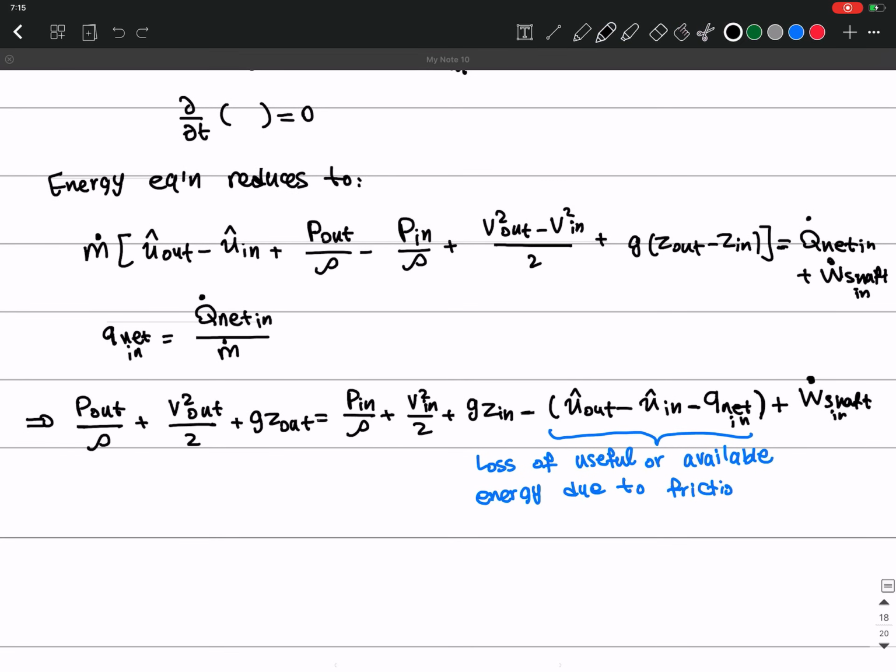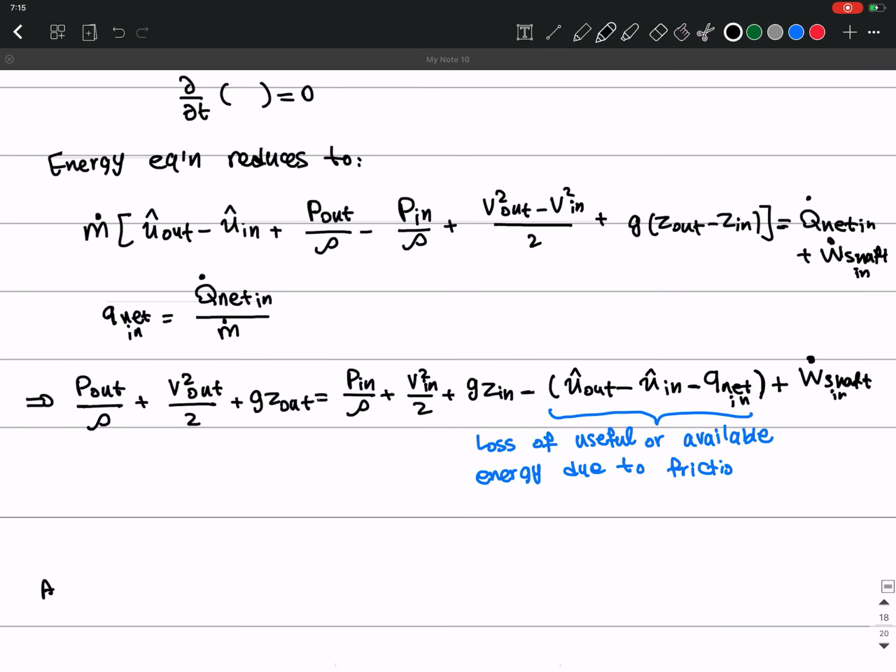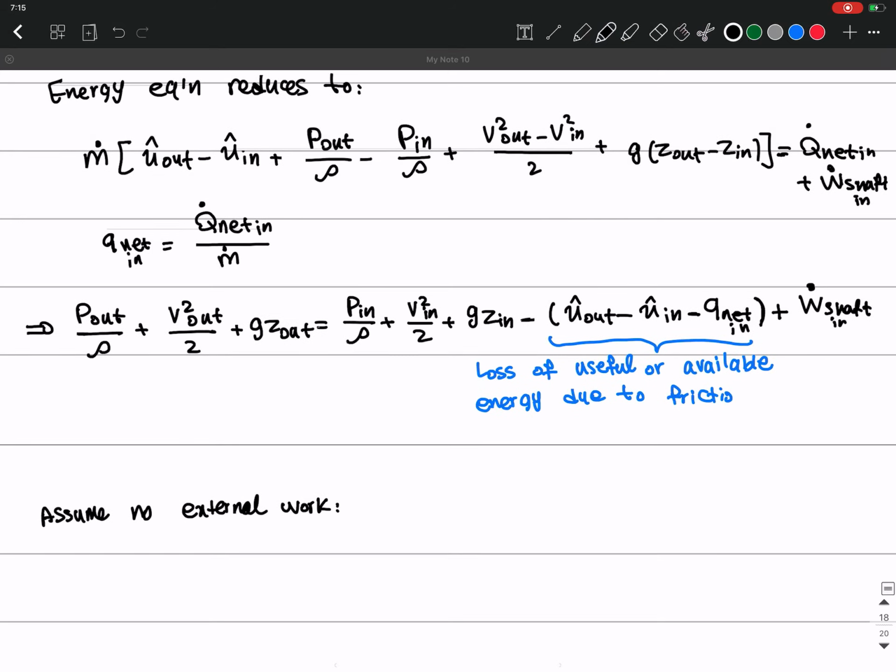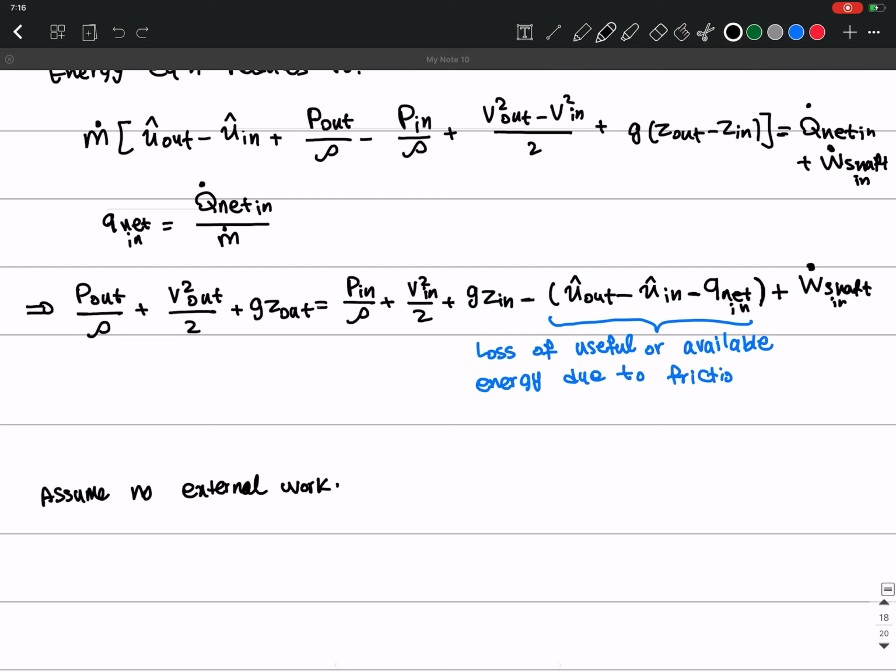So if we assume no external work on the system, that means W dot shaft is 0. Say we don't have any shaft, and we will investigate that too, like for pumps.